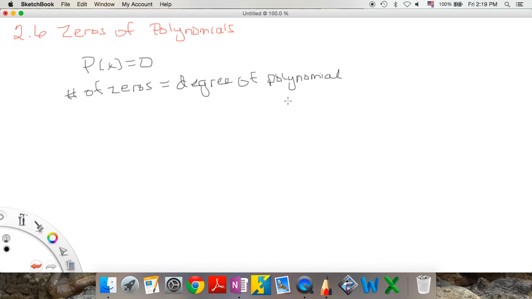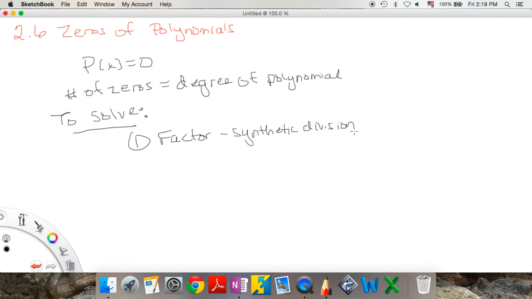Now, how do we solve that? Well, there are several options. You can factor. We've talked about doing that with synthetic division. Quadratics, of course, we've looked at where you can just look at them and factor or use the quadratic formula, those kinds of things.